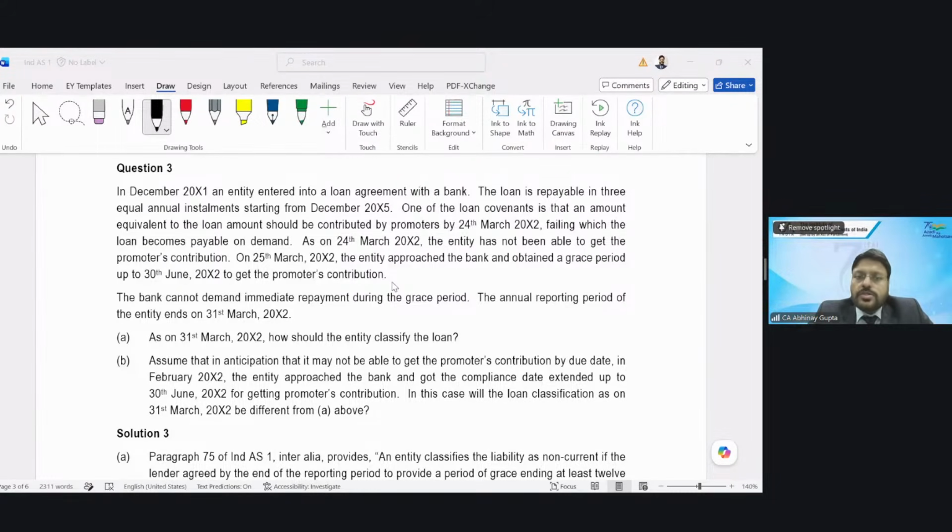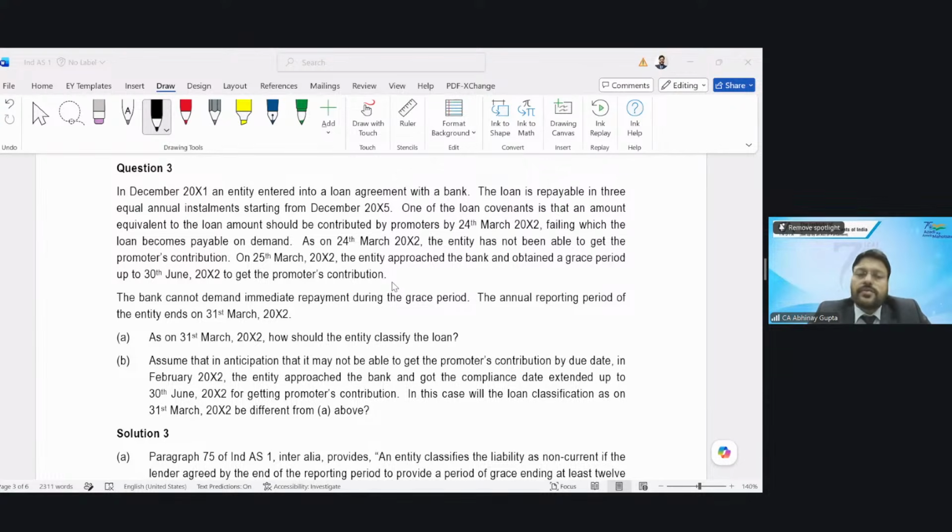If the arrangement was not yet signed, and it is signed after 31st March 2026, the balance sheet date, then we will completely ignore the new arrangement, and we will stick to the terms and conditions of the original loan agreement which was in place on that reporting date. In accordance with that, it is repayable within the next 12 months, right? So it has to be presented as current only, irrespective of the fact that refinancing discussions are going on.